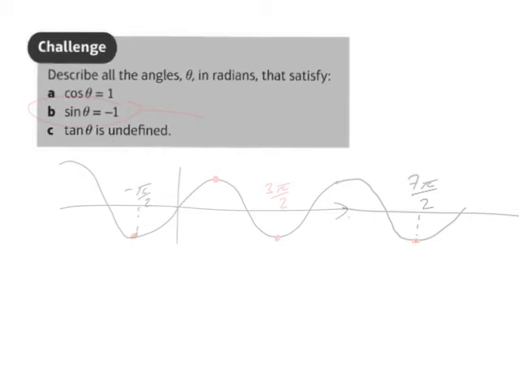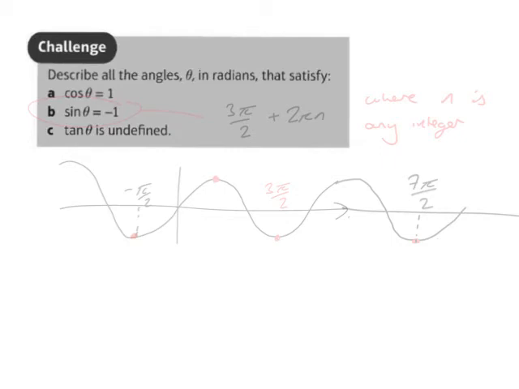But what we can think is we just add 2 pi on to 3 pi over 2. And we could add on another 2 pi to get to our next value of theta. So we could start with 3 pi over 2 and add any multiple of 2 pi, and that will take us to another point on our graph which has -1 as a y value.